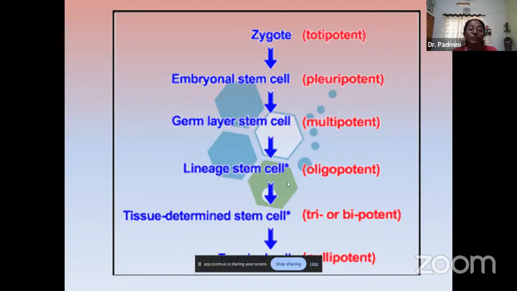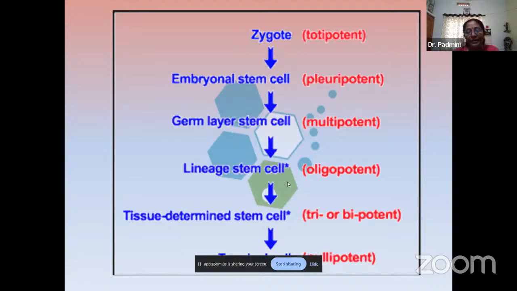So what are they? When you're talking about the hematopoietic stem cells, the leukocytes and also the myeloid cells, which are going to form WBCs, one WBC cell can either become a neutrophil, a basophil or an eosinophil. So that is oligopotent stem cells.